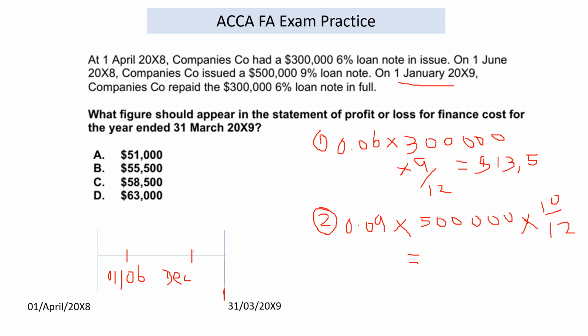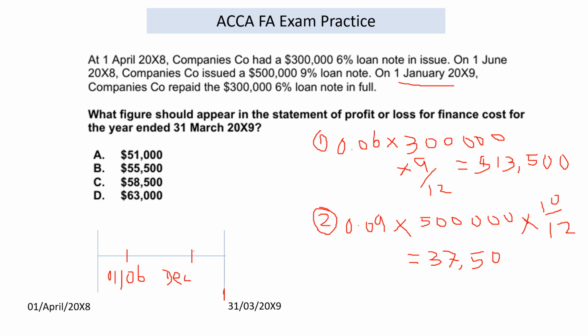But that's not enough. We also have loan note number 2, and this one is 0.09 multiplied by 500,000 and then multiplied by 10 over 12, and that comes to 37,500.